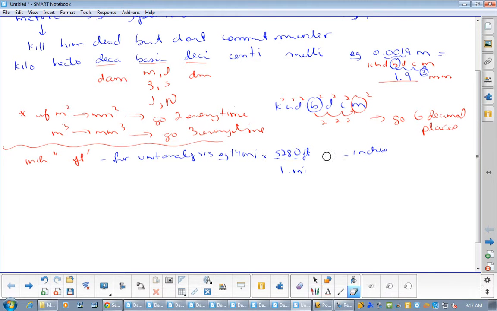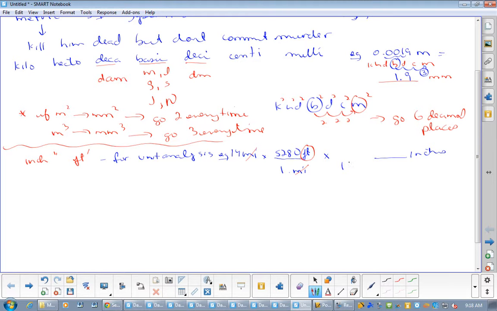I'm going to have to move this over a little bit. And I would show nicely that miles cancels with miles, and it would just leave me with feet, but I don't want it just in feet, so I have to multiply one more step, because I need to get rid of the feet, but I need it in inches. If I put foot up top, I would get feet squared when multiplying, so I don't want that.